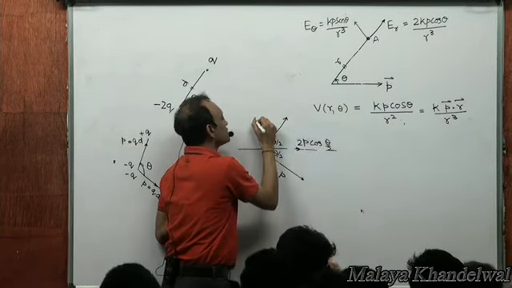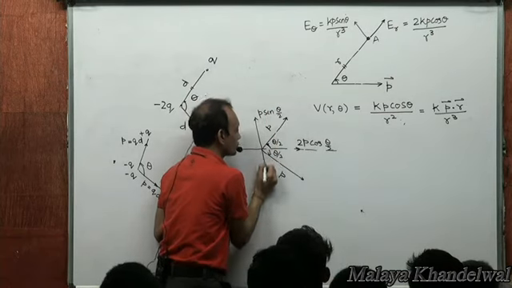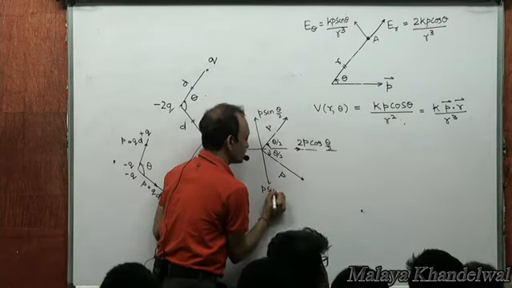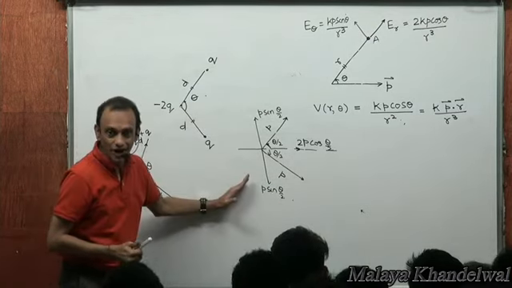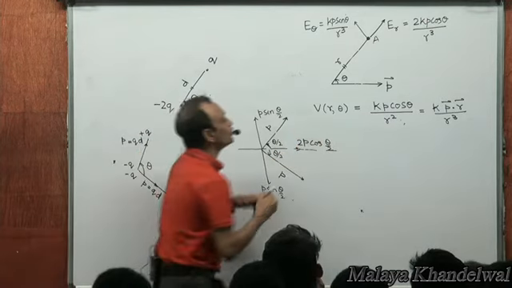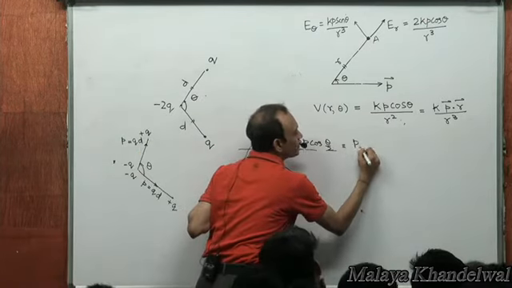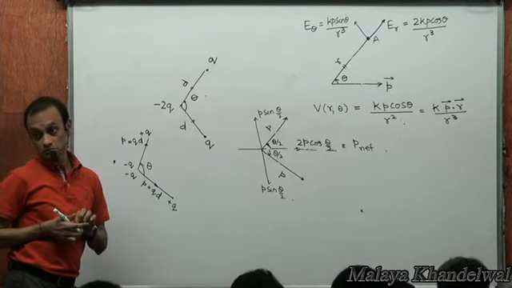The two components in this direction, p sin theta by 2, p sin theta by 2, are the vertical components of the dipole moment vectors, and they cancel off. So the net dipole moment of this arrangement is 2p cos theta by 2. Got me?